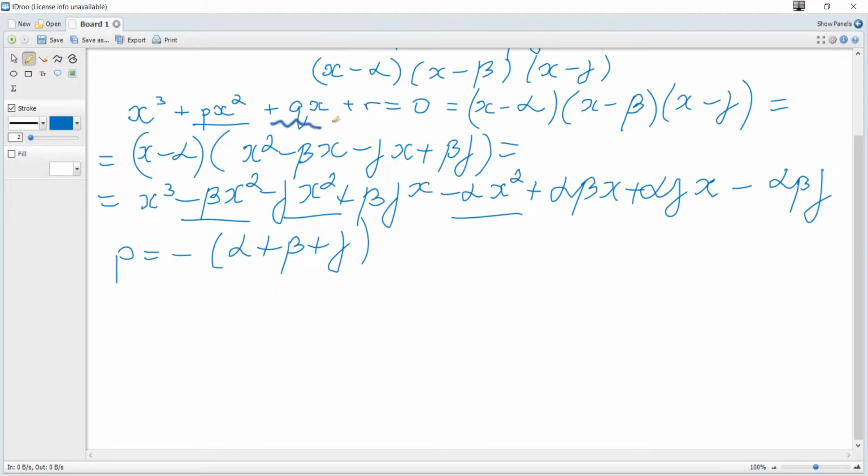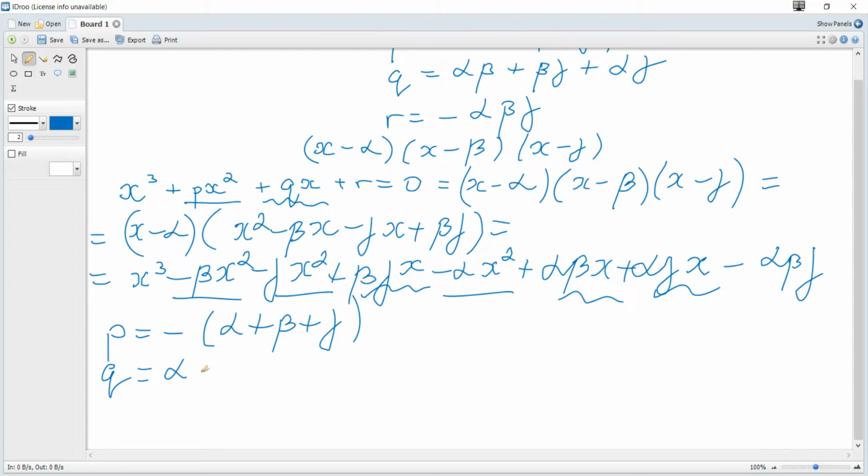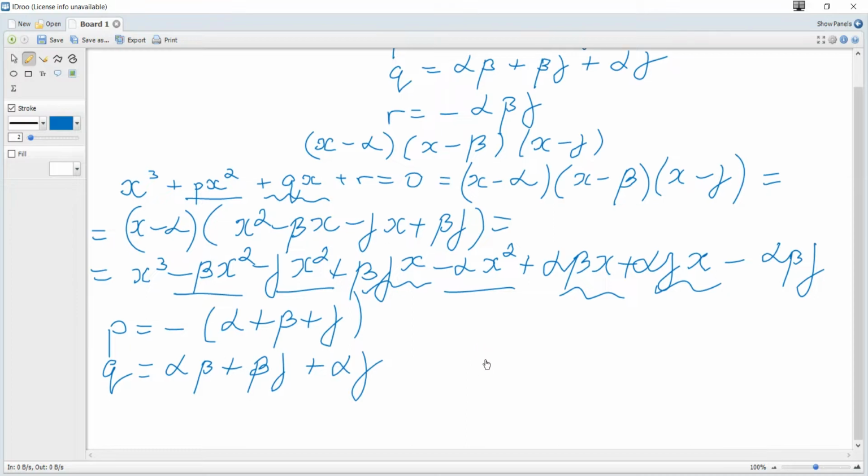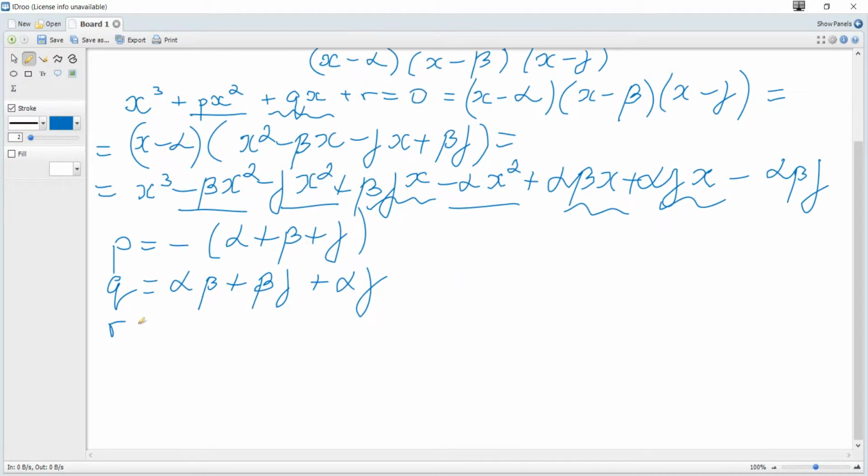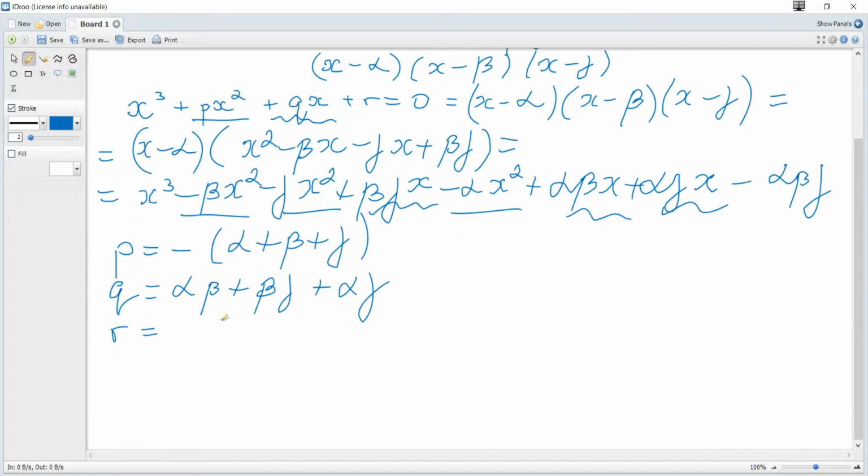And equating coefficients in front of x, we can see that q is alpha beta plus beta gamma plus alpha gamma as required. And equating just numbers, we can see that r is negative alpha beta gamma as required.